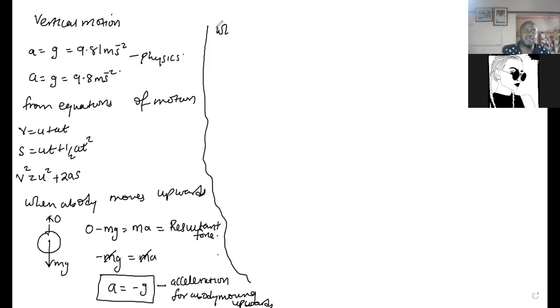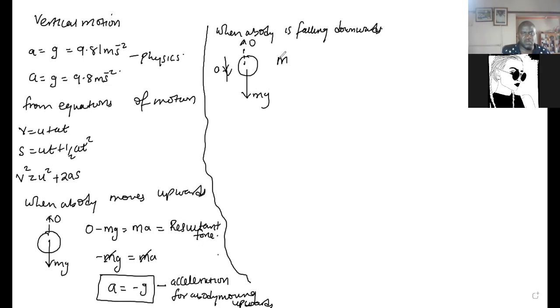Whereas when a body is coming back down, that is when a body is falling downwards, still it will be moving in this state, whereby this is the direction of acceleration. This is 0, this is mg.